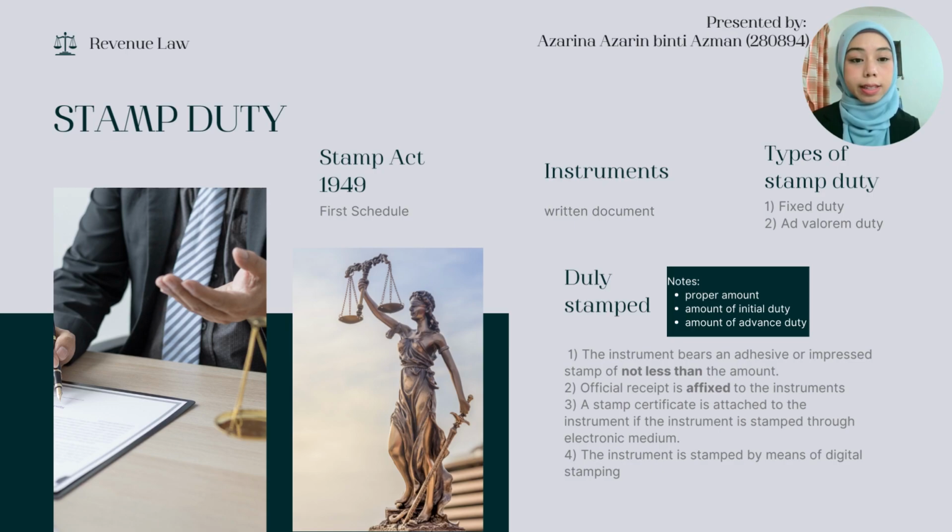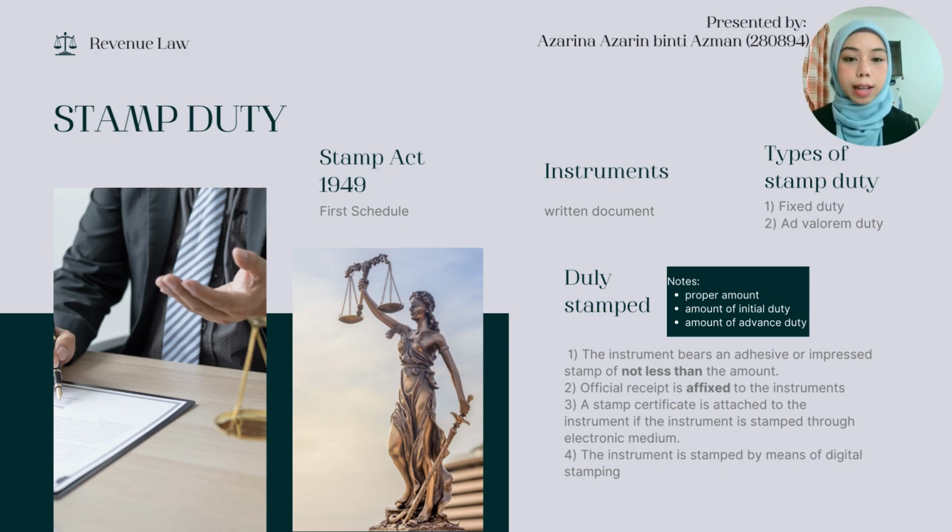So the stamp duty must be appropriate. Before I explain the four conditions that I have listed in the slide, I want to highlight that the amount I might say in the four listed items refers to the proper amount of initial duty, or amount of advance duty.